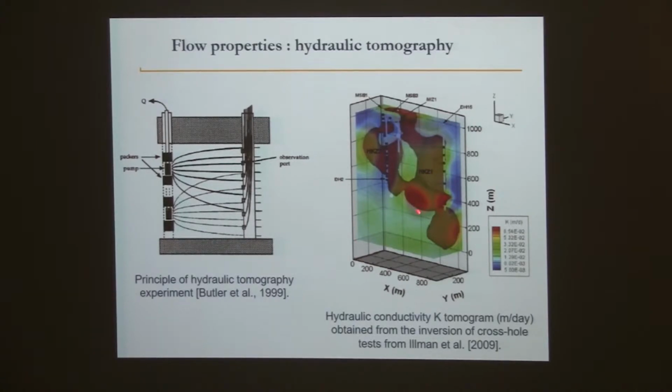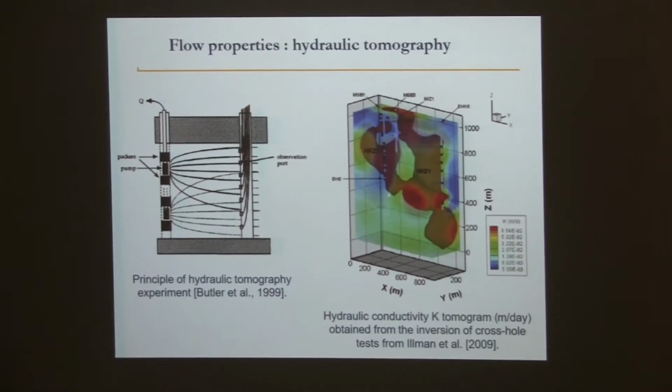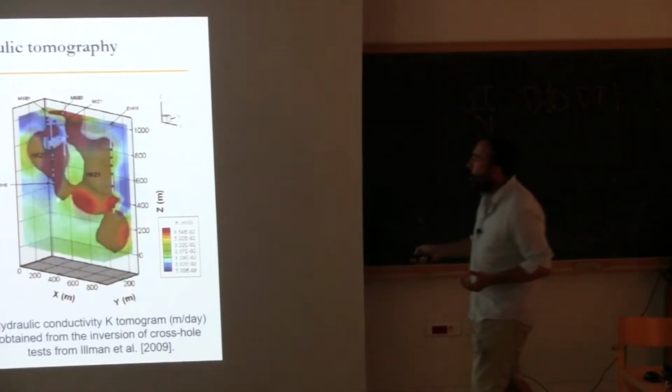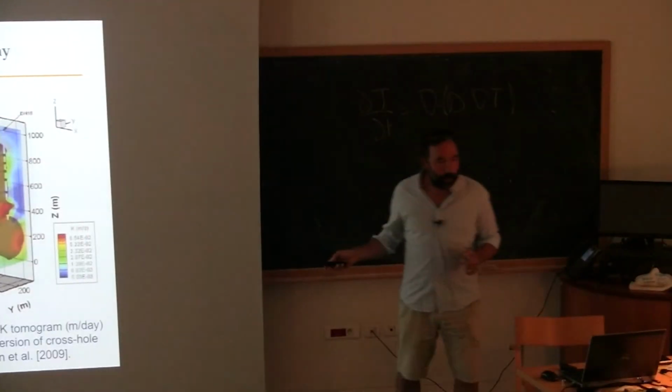But one main limitation again is that here we see the high permeability zone, but we do not really have an imaging of the fractures, rather of the main connectivity zone, which is far from being enough, for instance, to predict transport. It's relatively limited.